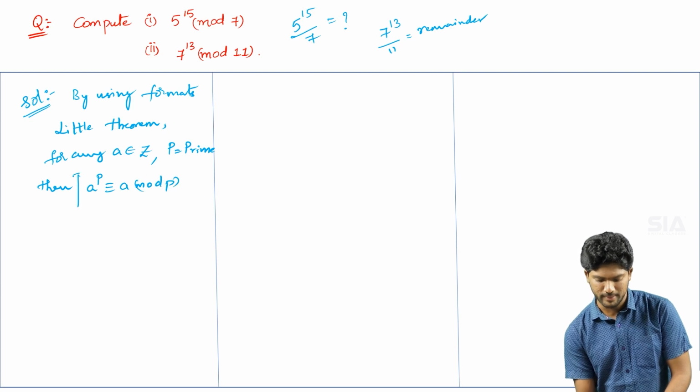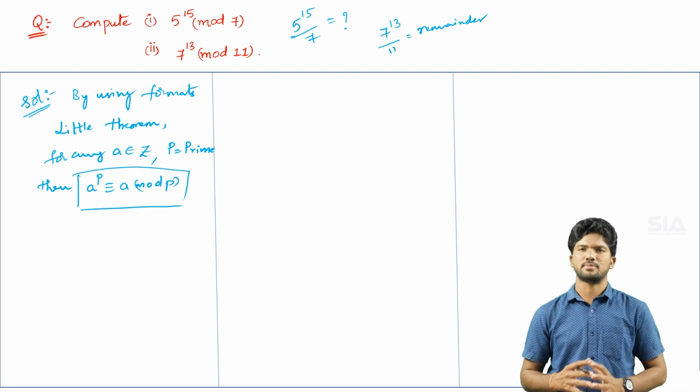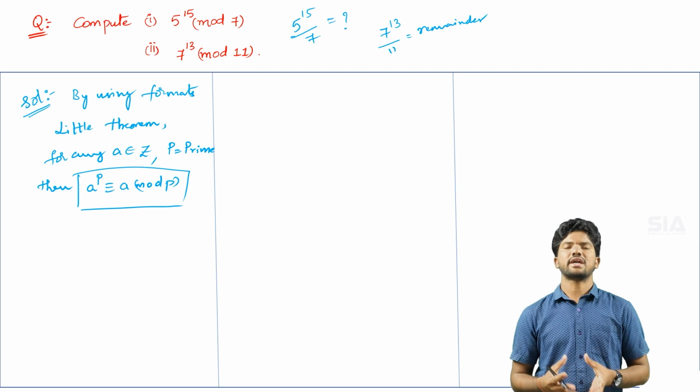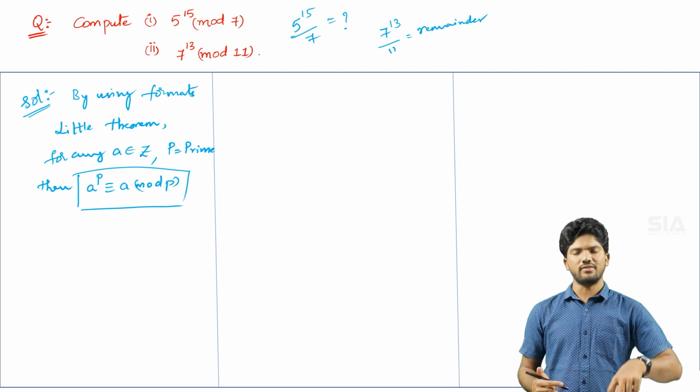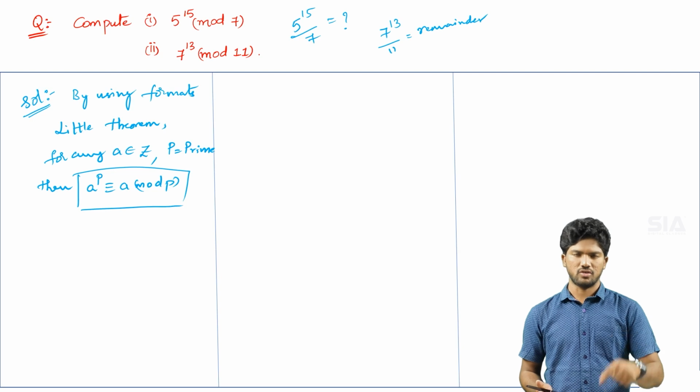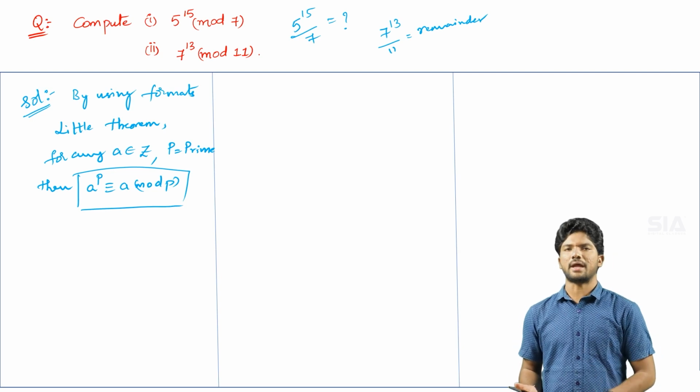This is the statement of Fermat's little theorem. Here a is taken from the integers and p is any prime number.